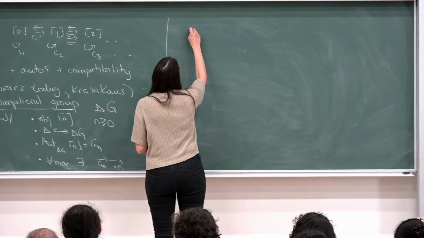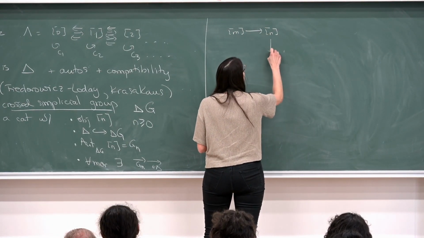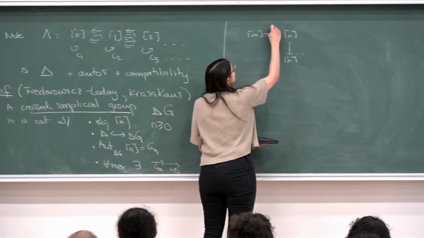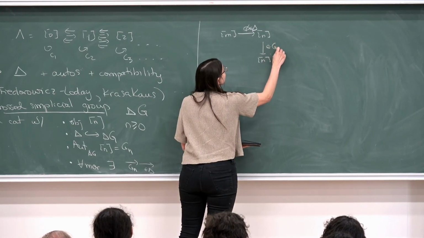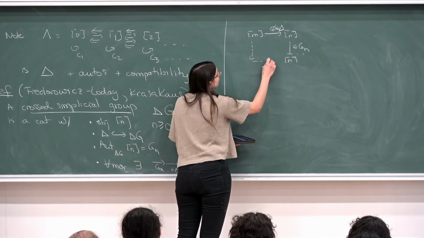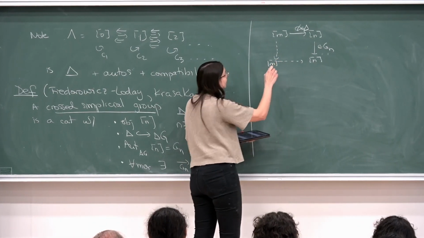If we have something m to n, this is something in delta, and this is something in Gn. What I'm saying is that I can complete this.